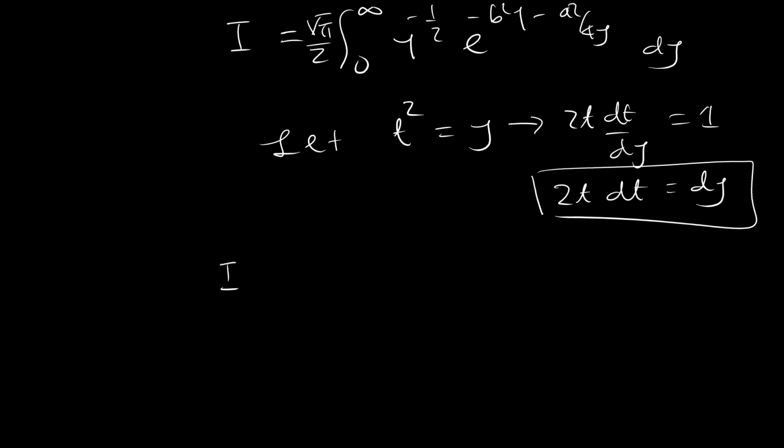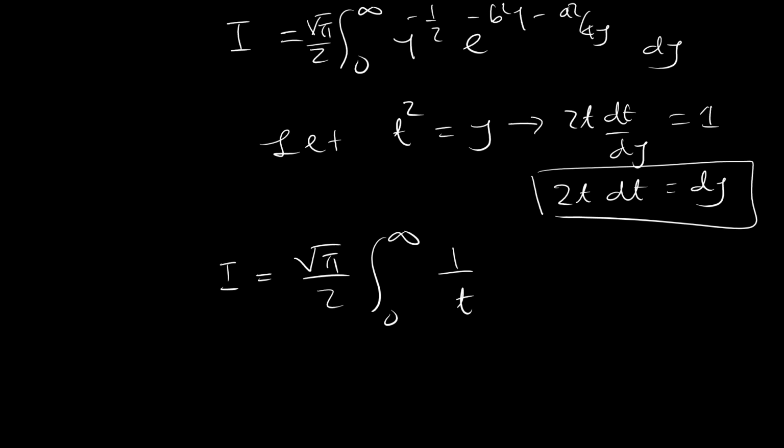So therefore I, and obviously the limits when y tends to infinity or y is equal to 0, t will follow suit. So we won't bother with the limits there. So we have 0 to infinity. And so square root of t squared is, right, so 1 over square root of y is going to be 1 over t.